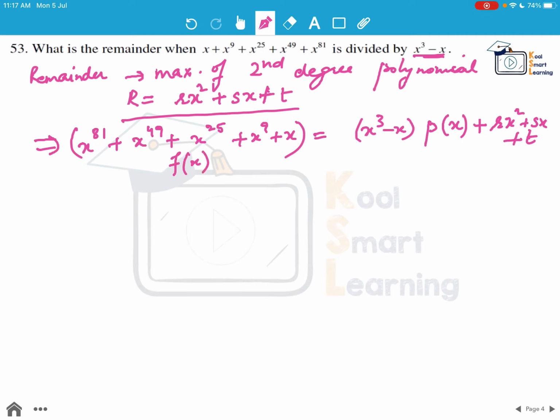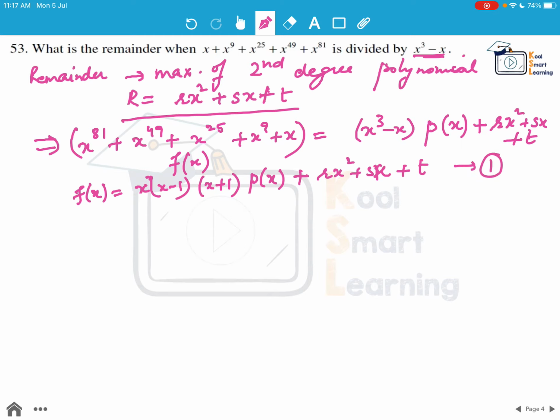We can call this fx, the given polynomial. Now fx is equal to x into x minus 1 into x plus 1 into px, plus rx square plus sx plus t. Let's call this first.